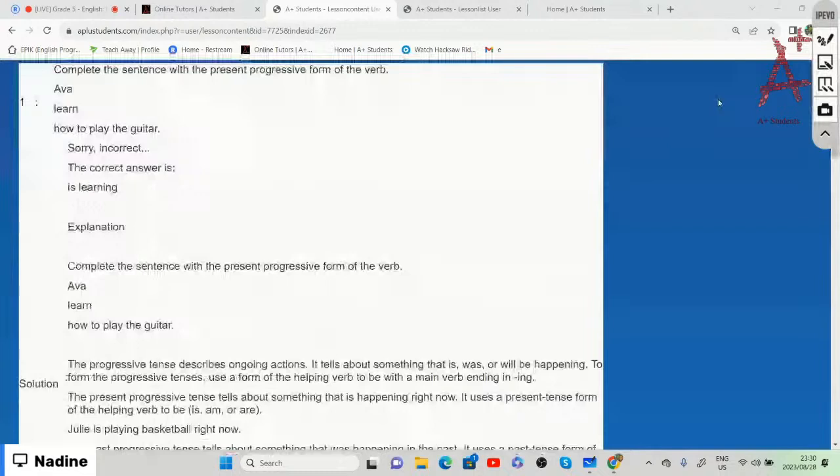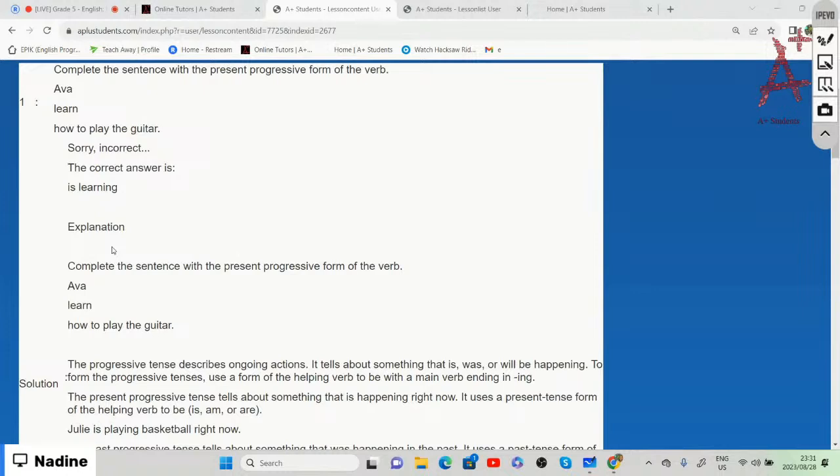We need to complete the sentence with the present progressive form of the verb, right? So, Ava learn how to play the guitar. We need to choose the correct helping verb to show the present progressive tense, something that is happening right now, right?